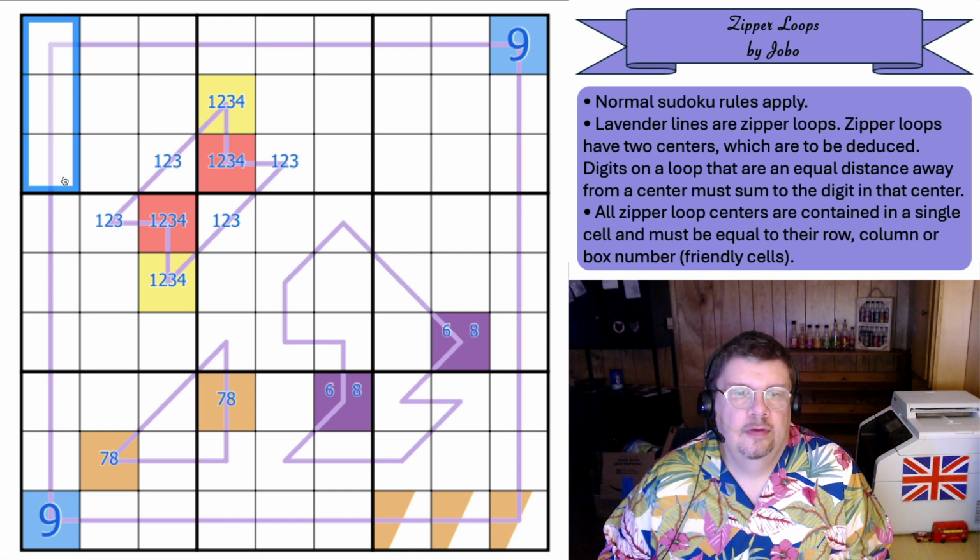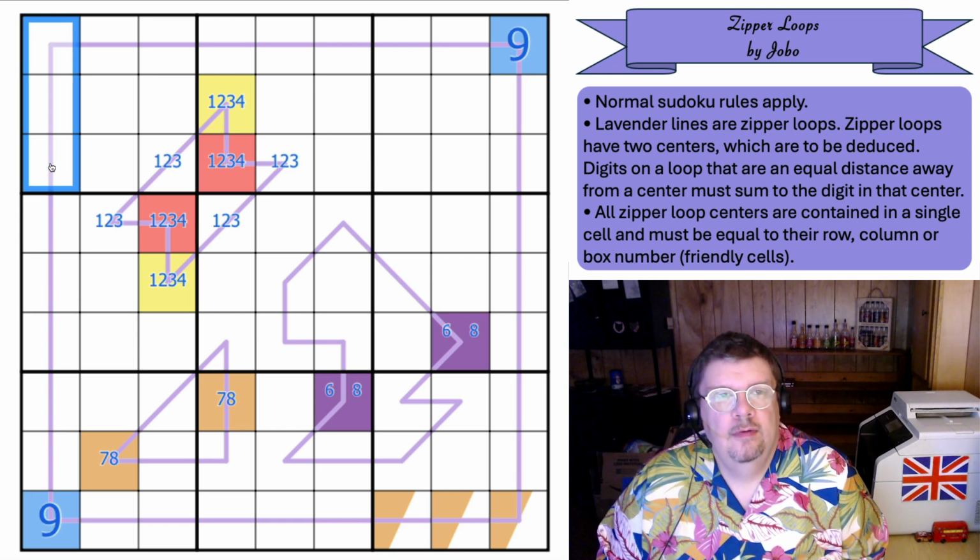So 7 would go with a 2, 8 would go with a 1. So we do have a 1 or a 2 here in those three. But I don't see quite how that's going to work.